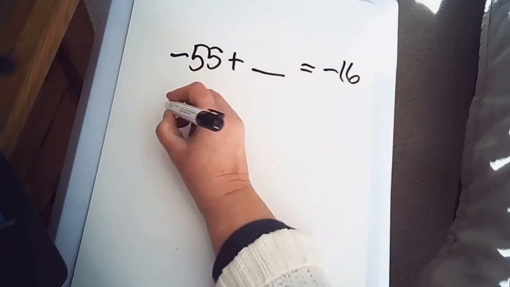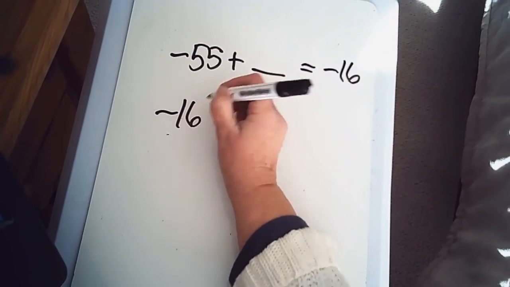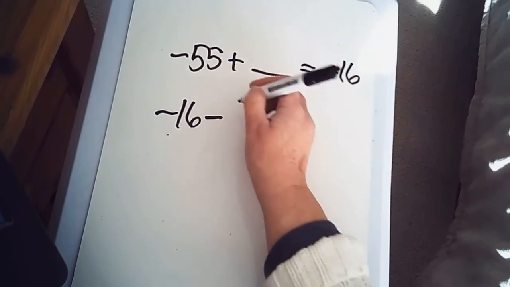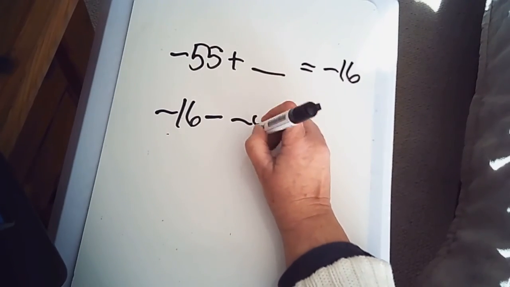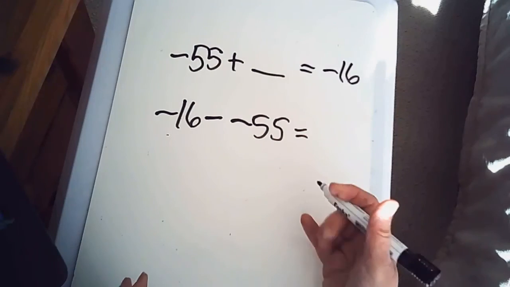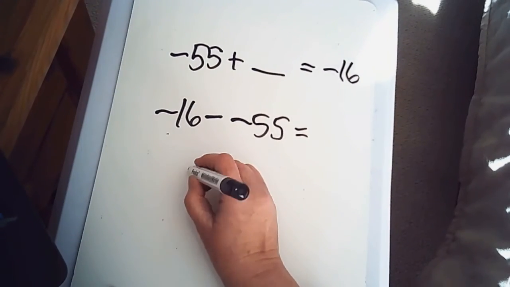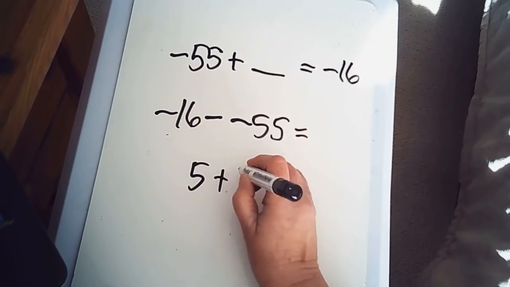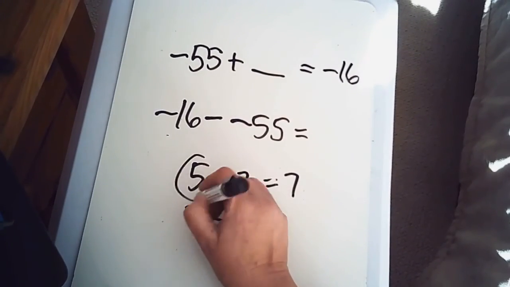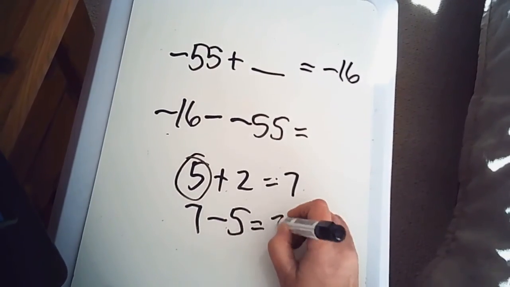So I go minus 16. The plus becomes minus. Okay? And I put the number that I've got there, minus 55. Because remember, that's how I do it. Remember when I said to you, 5 plus 2 is 7. Then 7 minus 5 is equal to 2.